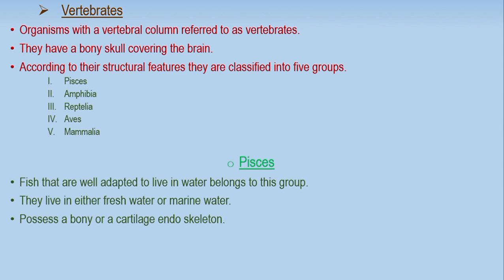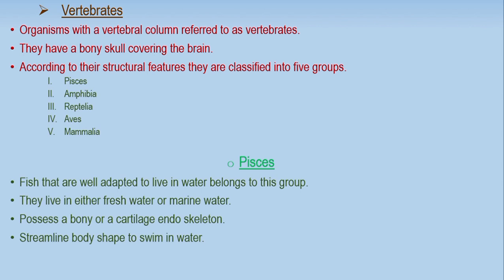It can be bony or cartilage. It is made up of cartilage or else it is made up of bones, right? And they have a body shape adapted to help them swim. So with the body shape they can easily swim in the water. It's known as the streamlined body shape.